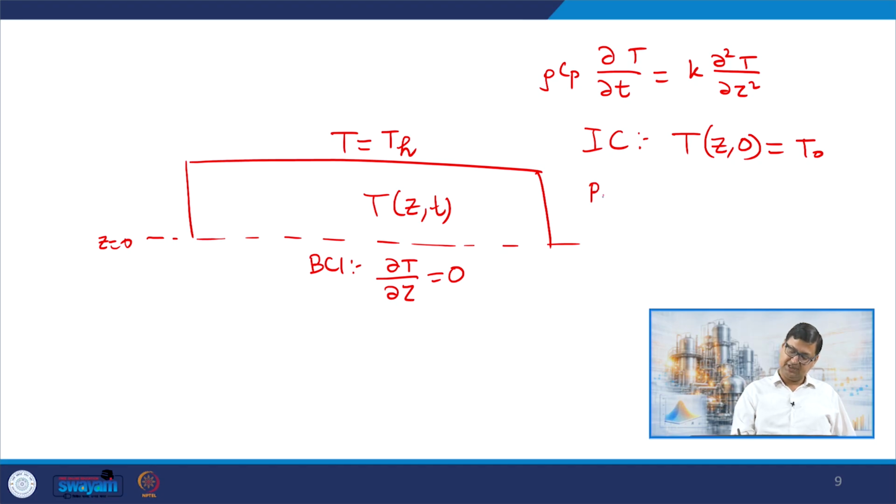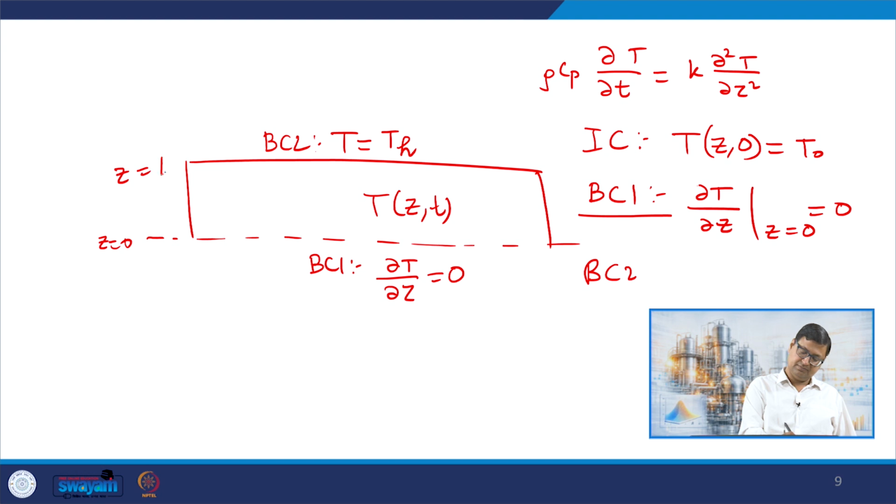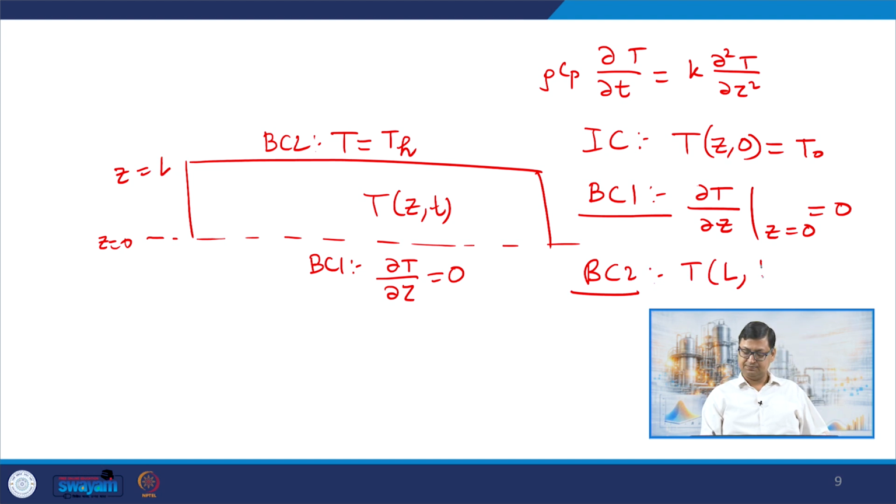My first boundary condition is dou T by dou z at z equal to 0 is equal to 0. What has changed is only my second boundary condition. My second boundary condition tells me that at z equal to L, my T is equal to TH. Let me now solve for this case.